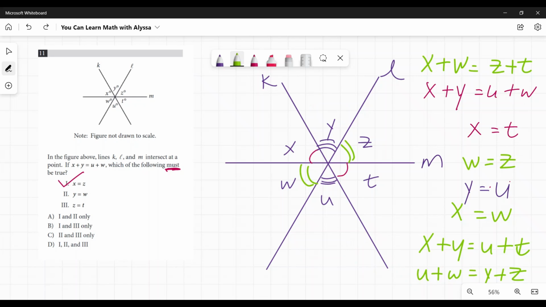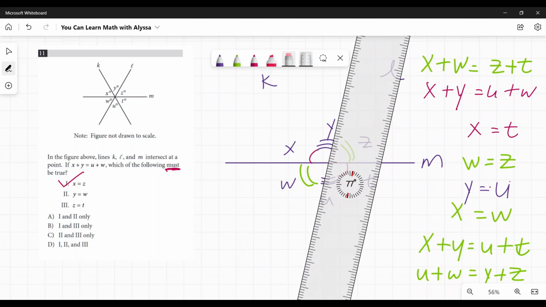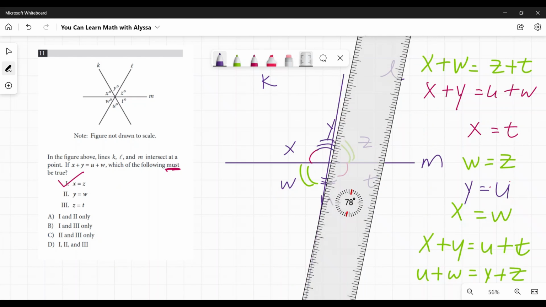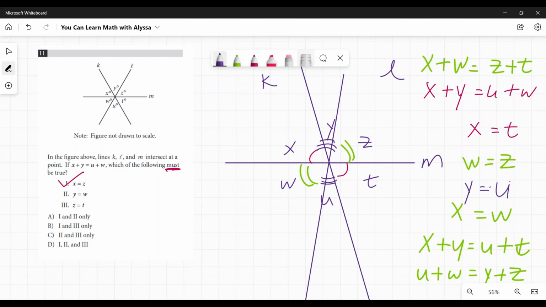What would happen? Let's just try it. So if I did, and I really made this a really sharp angle right here, really kind of sharp, really exaggerate that.